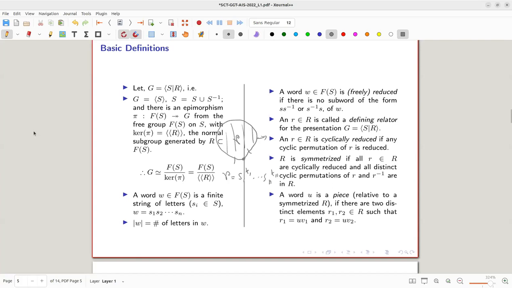Similarly, we consider a symmetrized set of relators where we have all the distinct cyclically reduced cyclic permutations of our relators and their inverses.